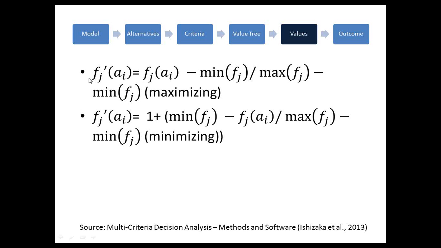For minimizing criteria, you take this function, you calculate the value score by taking the minimum score in your set, subtracting the actual raw performance, and dividing it by, again, the difference between the minimum and maximum, and you then add 1 to this number.